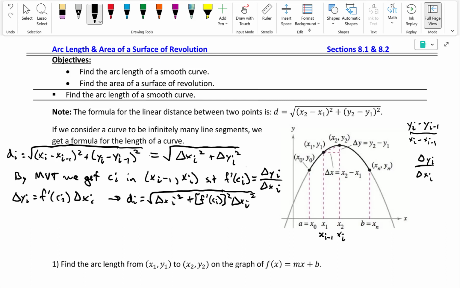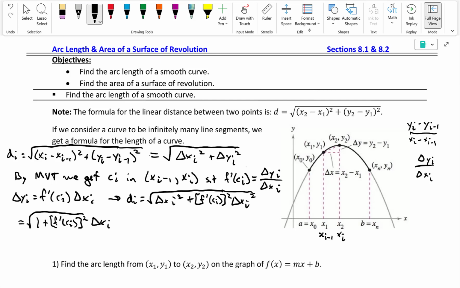Since both terms have the factor delta x sub i squared, we can pull it out of the square root. So our distance is now the square root of 1 plus f prime of c sub i squared, times delta x sub i.